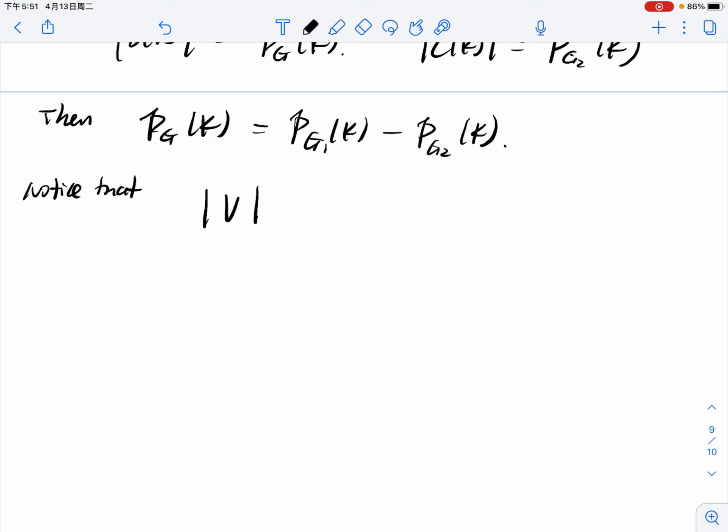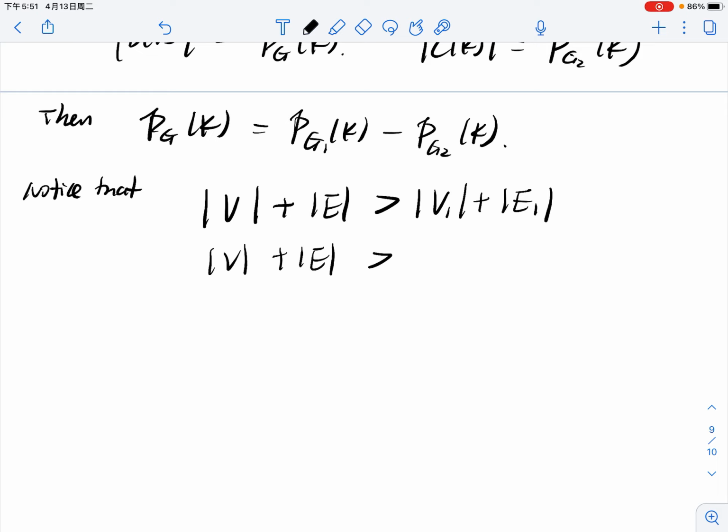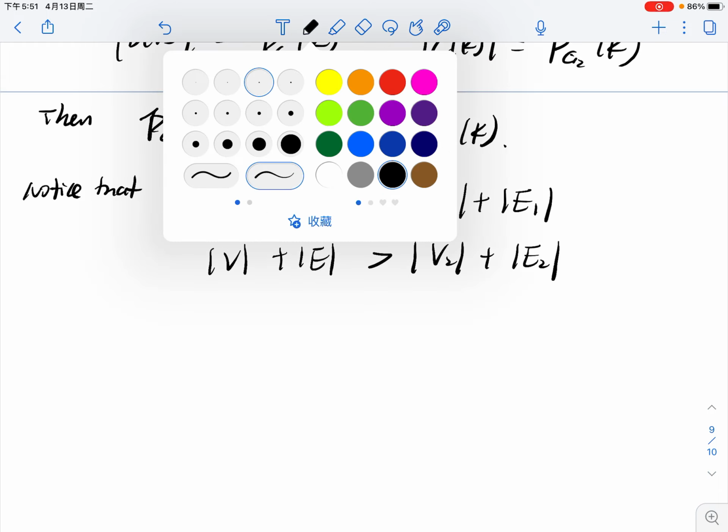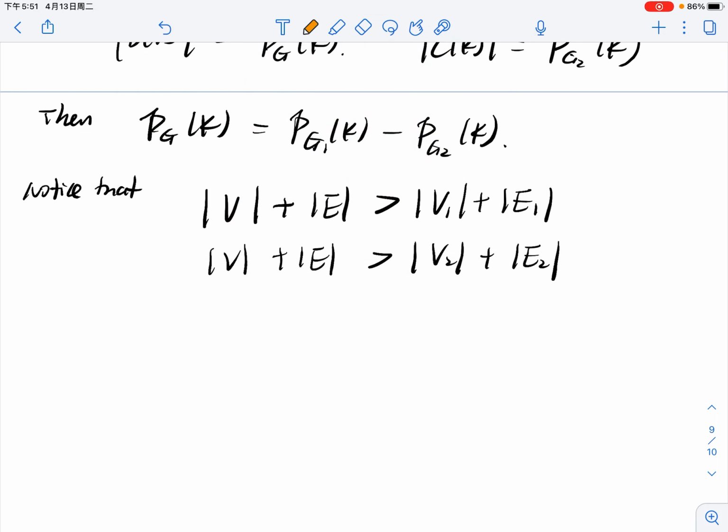And note that by this, actually we can prove by induction, because the cardinality of the vertex set of G plus the cardinality of the edge set of G is strictly greater than that of G1, and this is the same for G2. Actually, this is 1 greater, and for this one we have 2 greater.